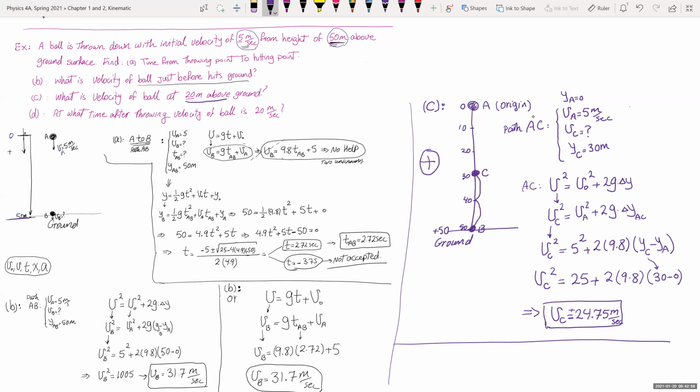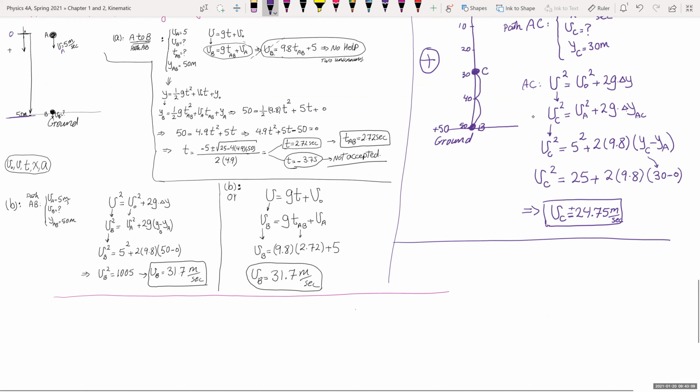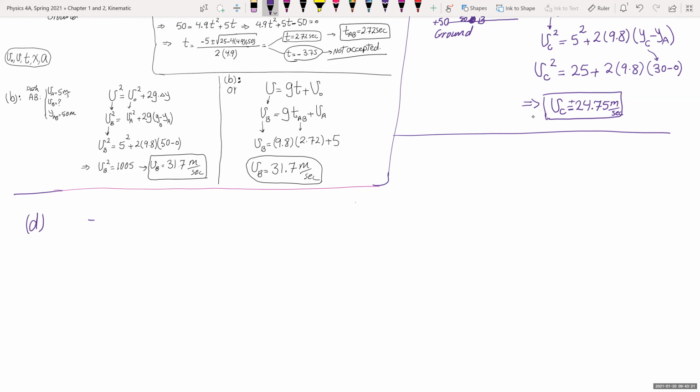Let's do part D. It says, at what time after throwing the ball is the velocity 20 meters per second? So for part D, I'm going to draw a picture again. We throw the ball here, correct?